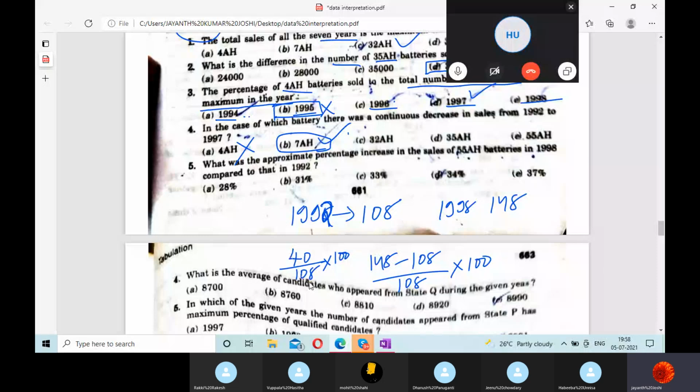So if I just remove 8 from this, 40 by 100 is 2 by 5, into 100. So 2 2s are 4, 5 2s are 10. So if I cancel this 20, I'm getting 40. Nearby 40.